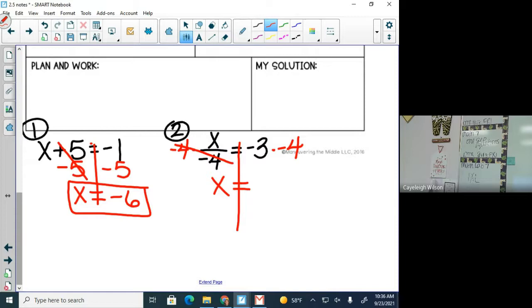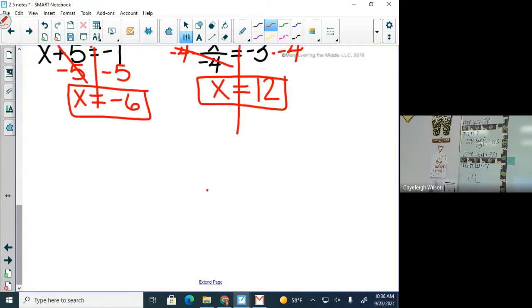And then -3 times -4 is +12. So the negative times the negative is a positive. Okay, and then you can mentally check it, or you can use your calculator. Plug it back in for x. What is 12 divided by -4? -3. So that's what it was supposed to equal. So I'm right. Okay, you can just squeeze this anywhere on your paper.